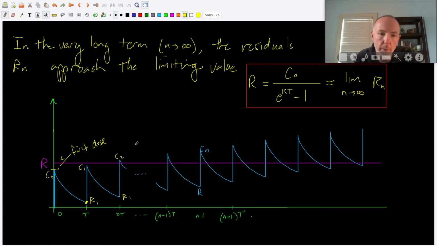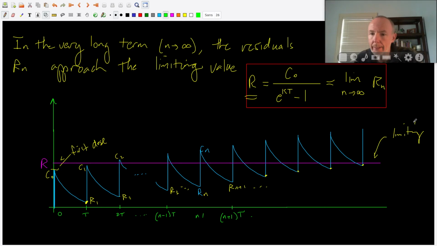Look at the residuals on the picture. There's R1 and R2, and here's R3, remember, but there's R n plus 1, and so on. Eventually, those residuals are getting closer and closer to R. Those residual values are sneaking up on this number R, and I drew that R as a purple line. That's the limiting residual. Eventually, the only choice is we're going to get a curve that's just bouncing up and down to that residual.